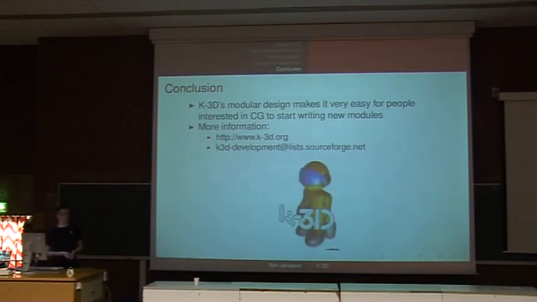There's plenty of opportunity there. We are not at all feature complete yet, so currently most tools are based on modeling. There's still a lot of work to do, for instance in the texturing department. NURBS modeling and so on is not fully supported yet.